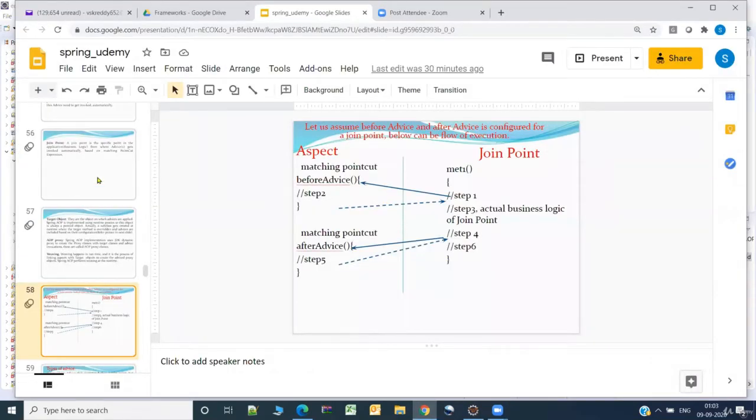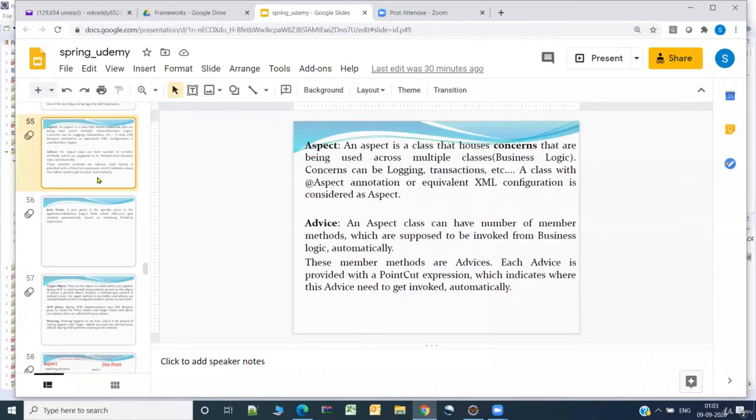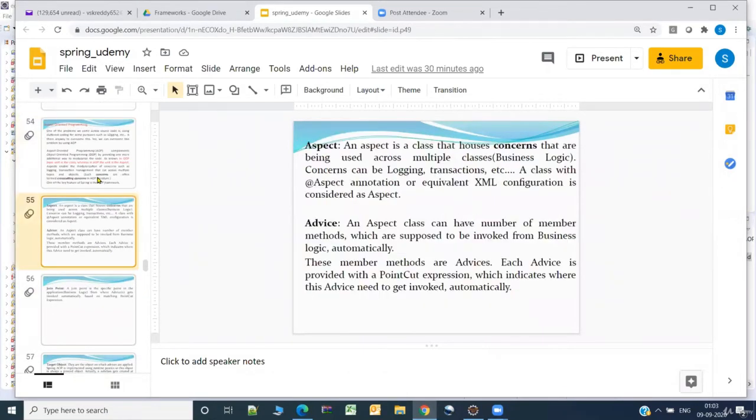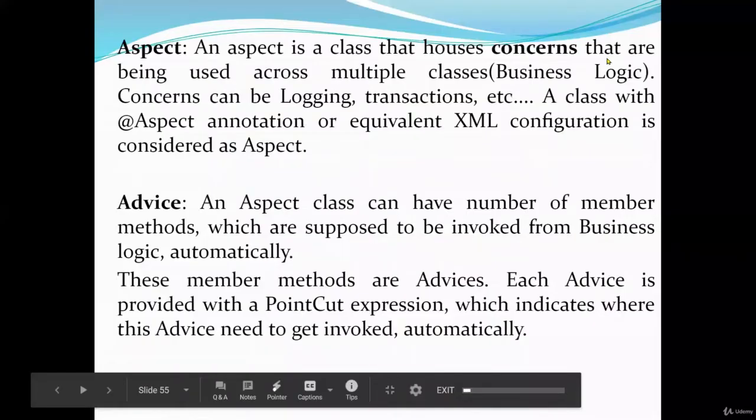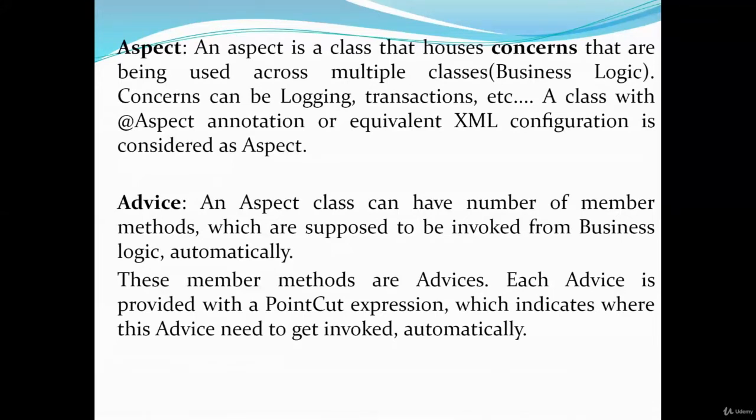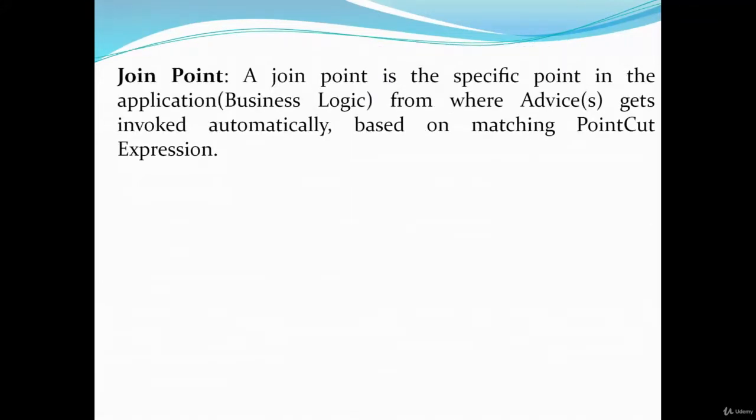Now let's go and explore the terminology a bit more. We have already seen what is an aspect and what is an advice. Now let us see what is a join point. As I already told you, a join point is the business logic method.